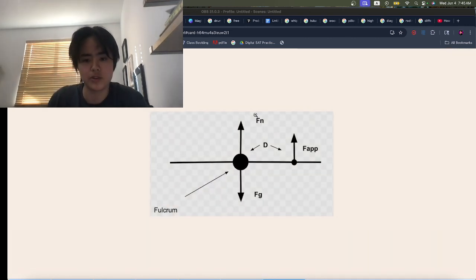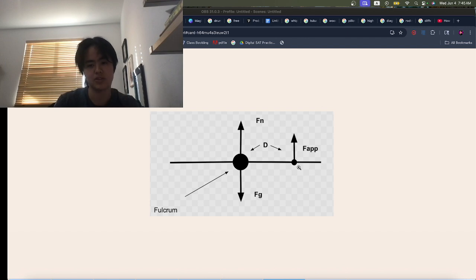Okay, here's a diagram of what's going on. This is the force of normal and the force of gravity, but they don't do any torque on the stick because they have no distance from the axis of rotation. That is the fulcrum, the axis of rotation, and then the force applied, that's the force from my wrist and fingers, moving the stick at distance d away from the axis of rotation, so that it can move.